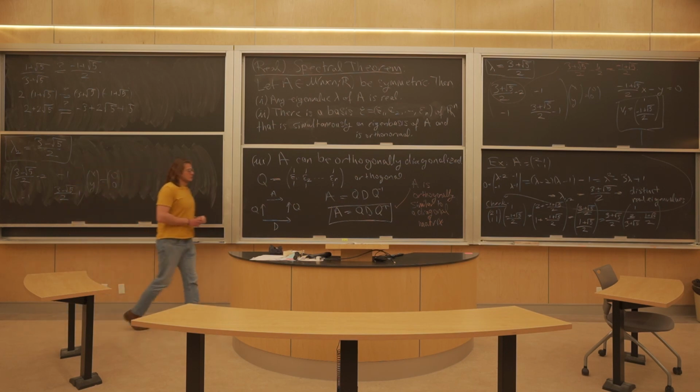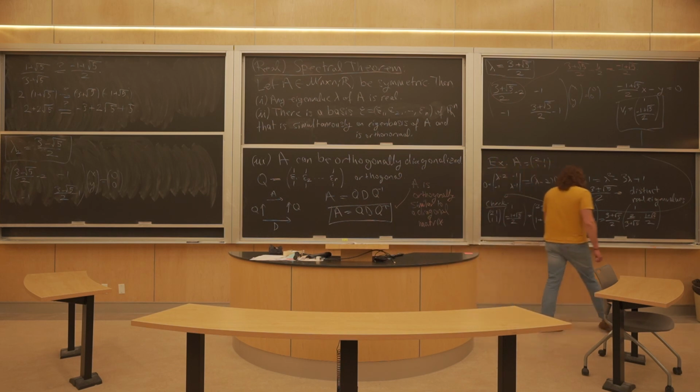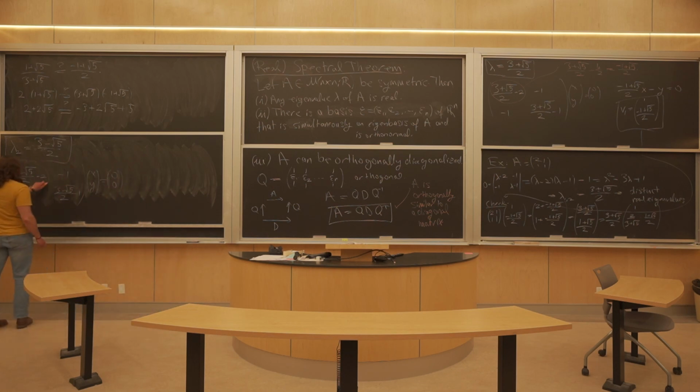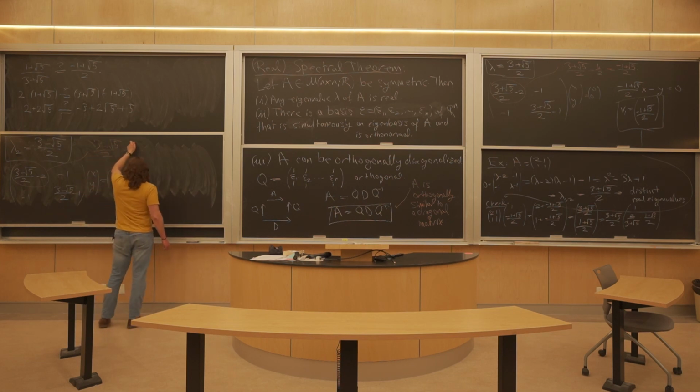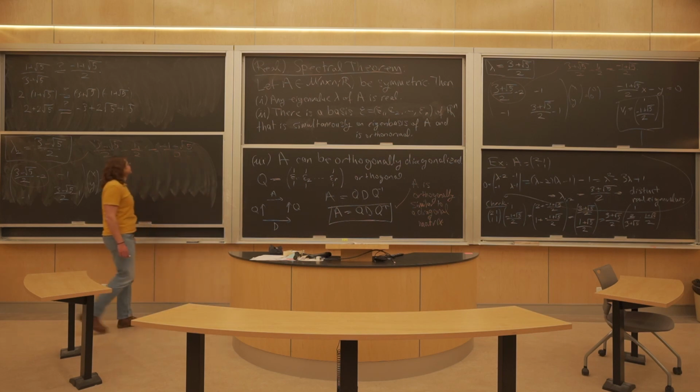Now this is my new matrix, and I want to find a vector in the null space of it. Just as I did over here, I can just consolidate that expression over here. So this is 3 minus root 5 divided by 4 by 2 minus 4 divided by 2, which is minus 1 minus root 5 divided by 2.